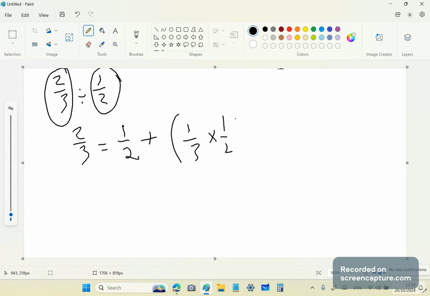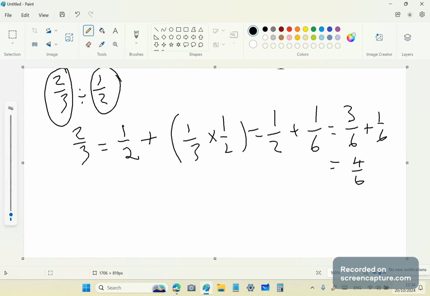Does that make sense? Which is a half plus 1/6, right? If I've done that right, so this will be 3 times that, so this will be plus 1/6, which is equal to 4/6, which is equal to 2/3.